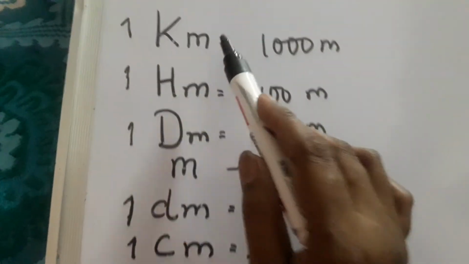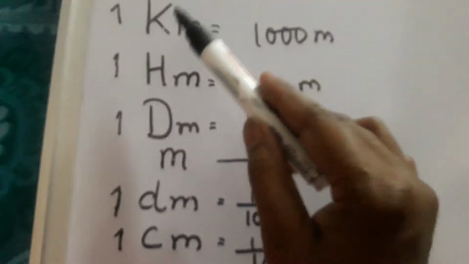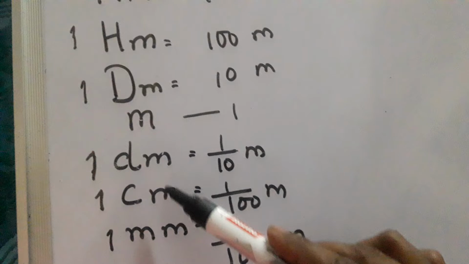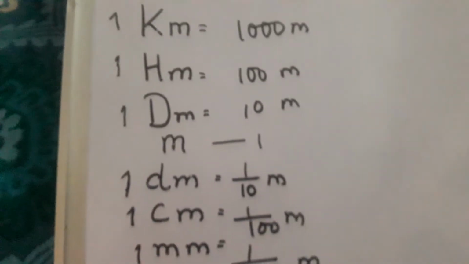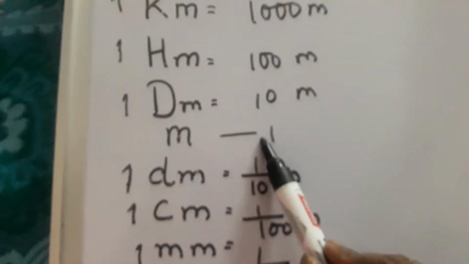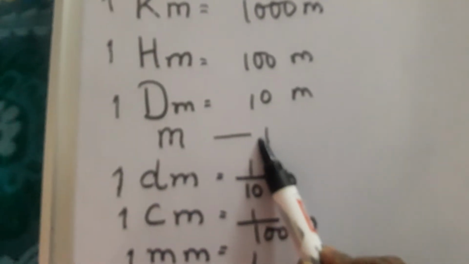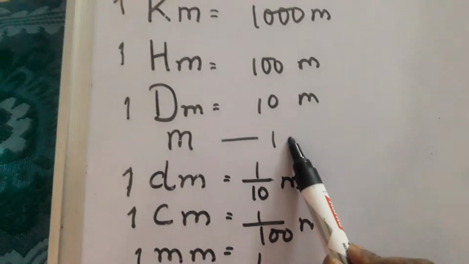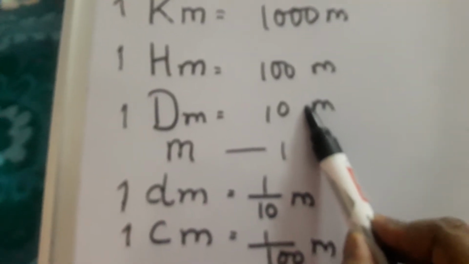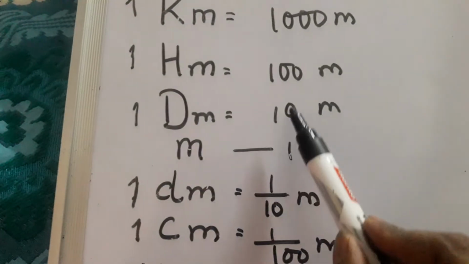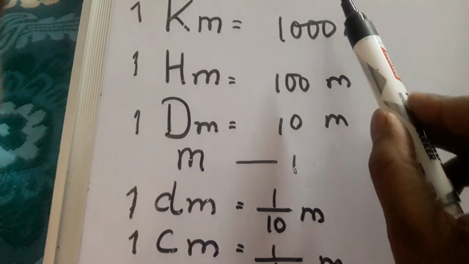1 kilometer, see, 7 units are there: 1, 2, 3, 4, 5, 6, 7. Total 7 units. This is the middle one, meter. Here you write 1. As we move one step ahead, we will increase one 0. 1, 10, 20, 30.